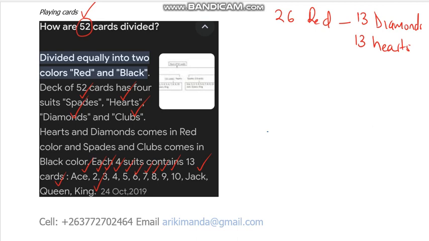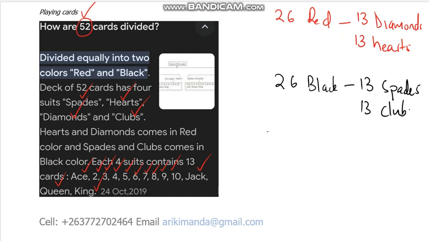Take note, 26 cards are red and the other 26 are black. Of these 26 black cards, 13 of them are spades and the other 13 remaining are clubs. So take note, 26 are red and 26 are black.